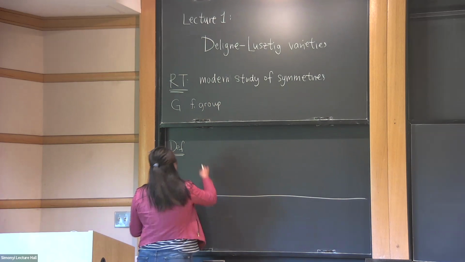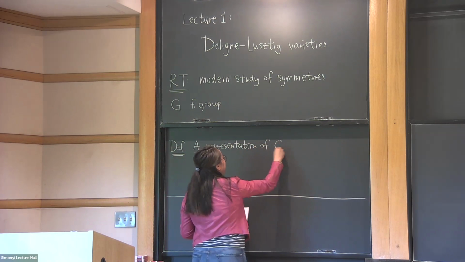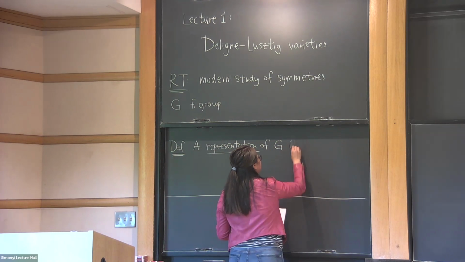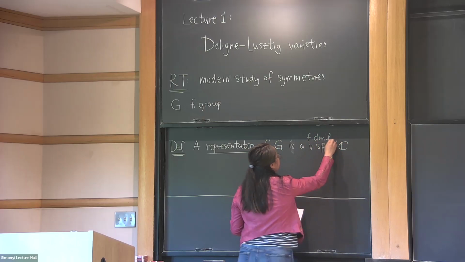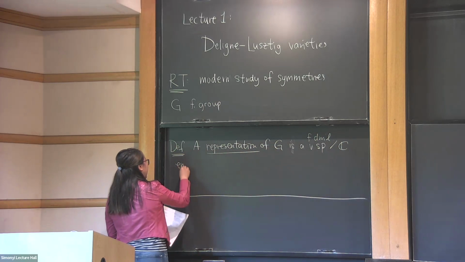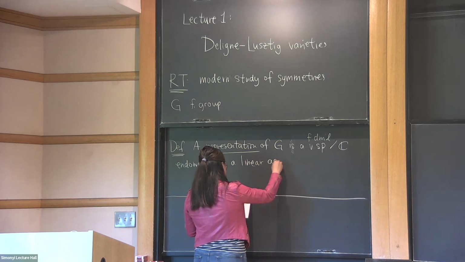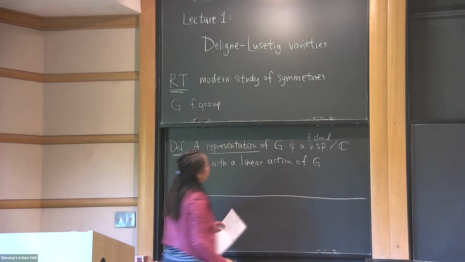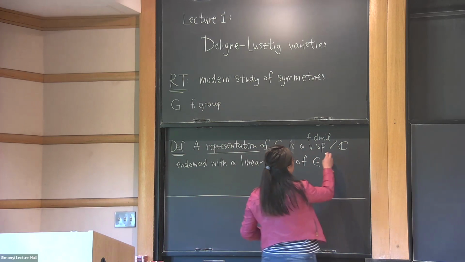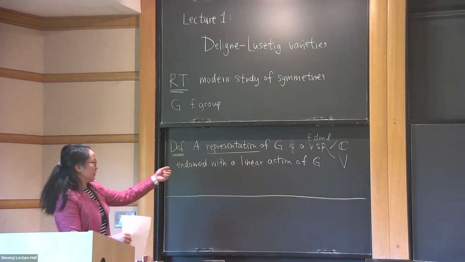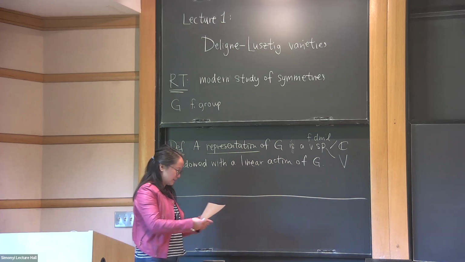But just for this definition, a representation of G is a vector space over C. I'll always have finite dimensional vector spaces, endowed with a linear action of G. What linear means is that this action has to respect the vector space structure of this, let me call this vector space V. It has to respect the fact that you can take a vector in here and scale it by anything, and that you can add two vectors, and this kind of thing. So that's what linear action means.